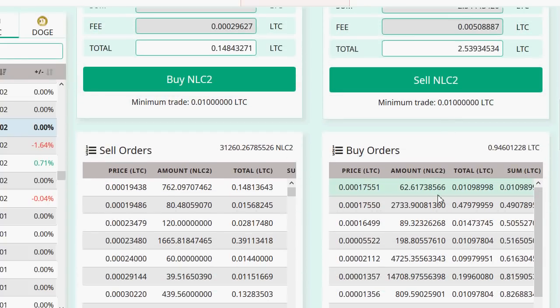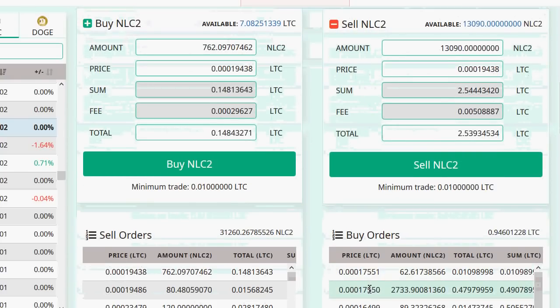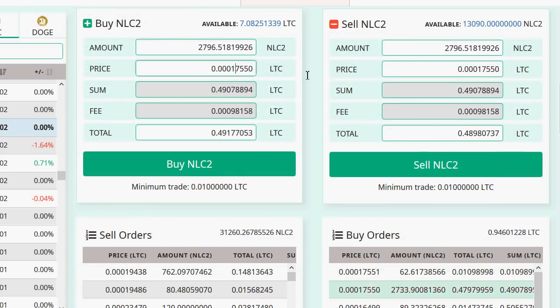But look at this bid order here: 17,551, 17,550. Then we got 16,500-ish. Then we got 5,500. So I want to now pick my number below that which I feel is applicable. Like 120 seems about right to me.